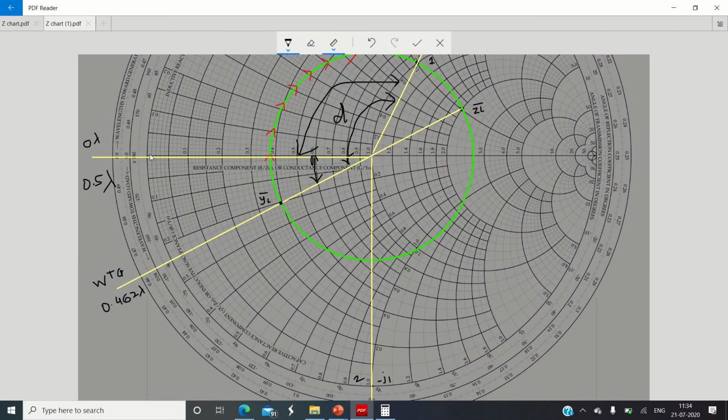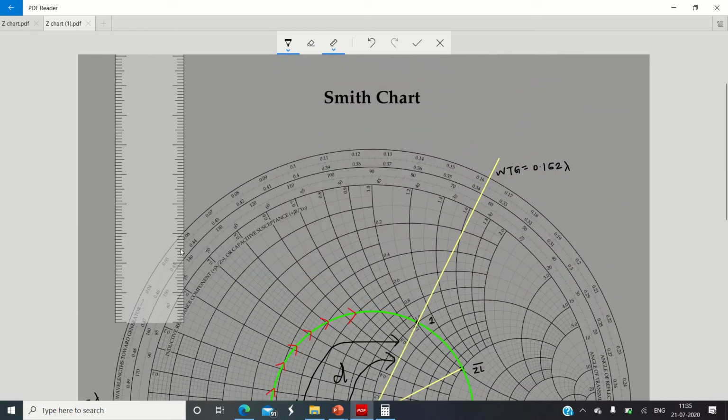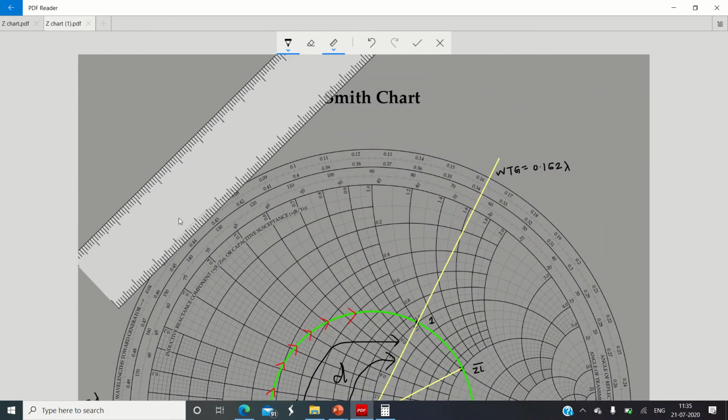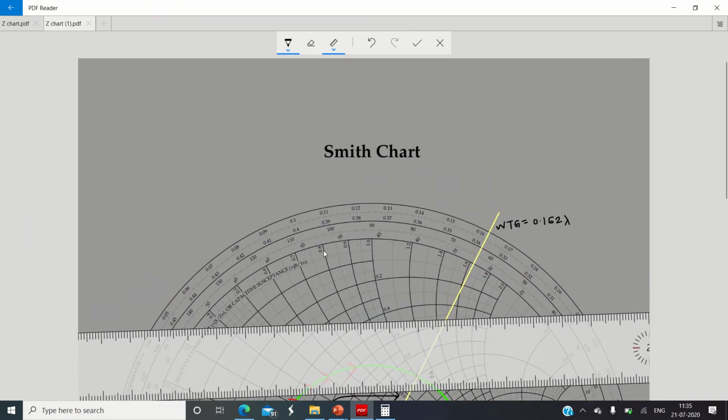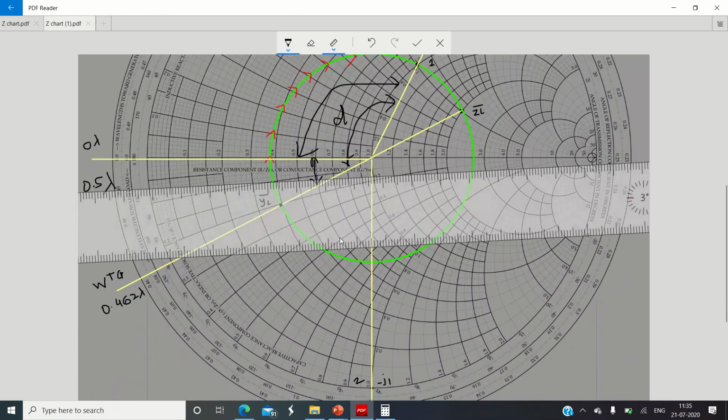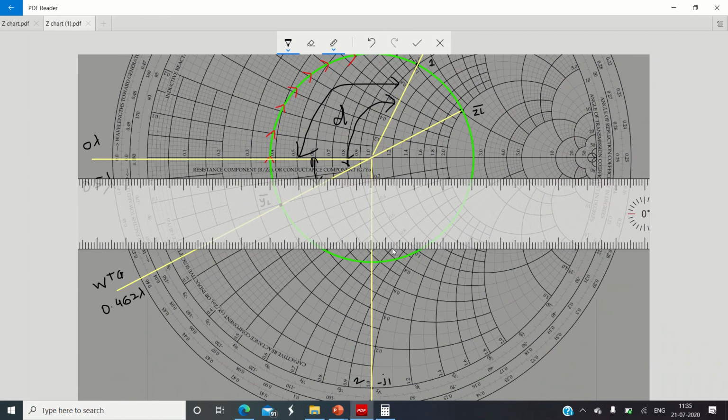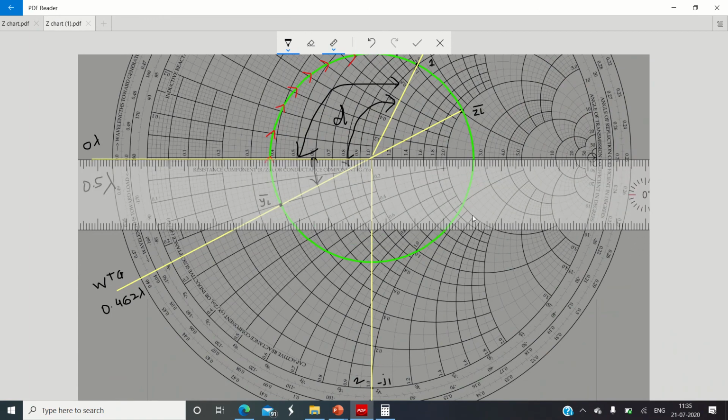That means Y is equal to infinity. And here at this particular point, the impedance is infinity. That means Y is equal to 0. Okay, so here I will place the ruler now. So I will take this ruler, and Y is equal to 0 point is located on the right hand side extreme on the real axis. Okay, so where is over here.